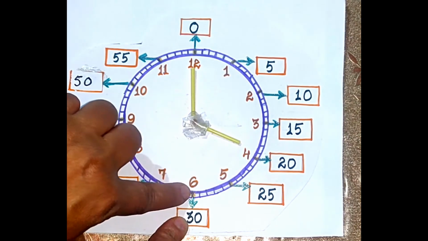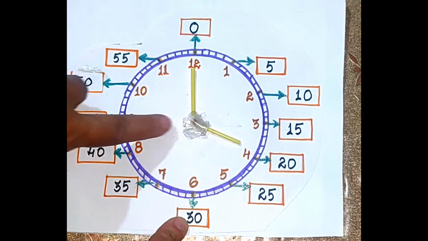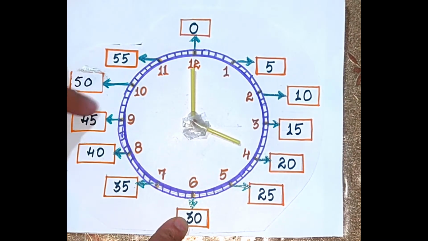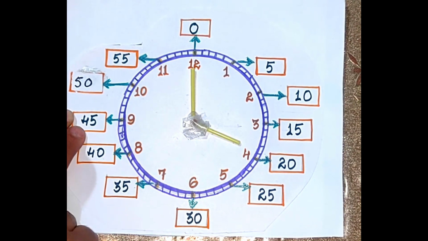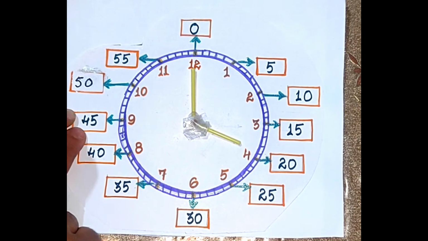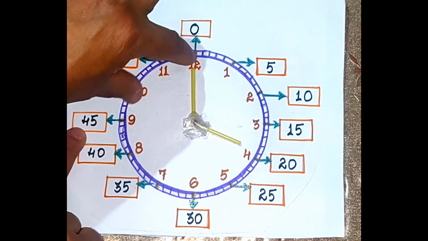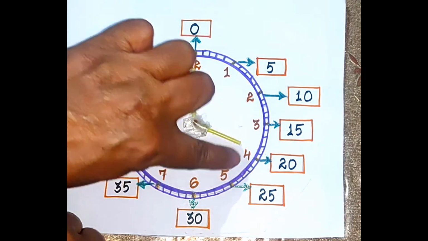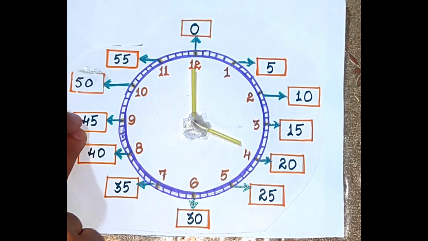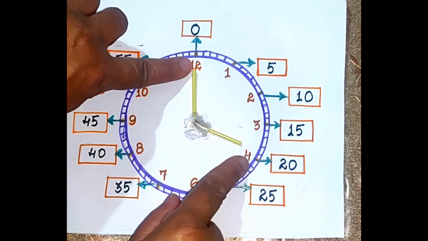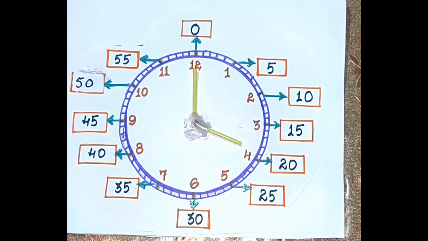Half the clock. Half past 3. And when the minute hand is on 9, that is 45 minutes past. So what do we say? One quarter is left. When one quarter is left for 4 o'clock, we say quarter to 4. And finally, 4 o'clock. Understood?